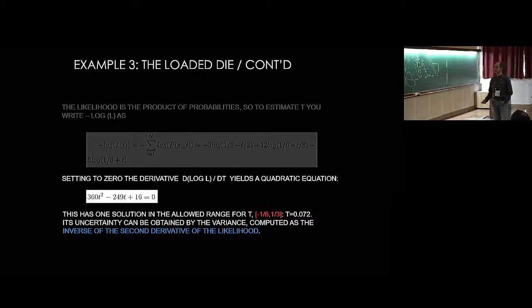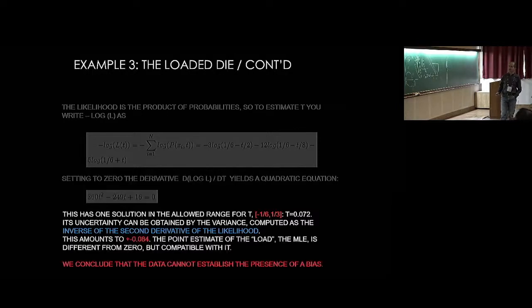As we expected. Now we can compute the uncertainty and the variance by getting the variance with the Rao-Cramer-Frechet lower bound, by taking the inverse or the negative of the inverse of the second derivative of the log likelihood. And this amounts, if you do the calculation, to 0.084.